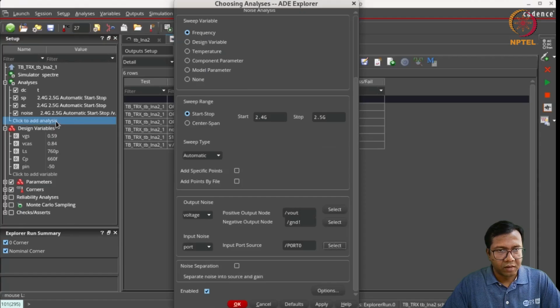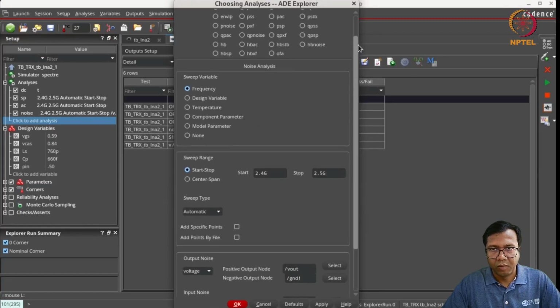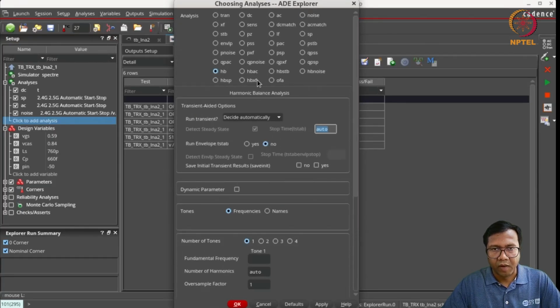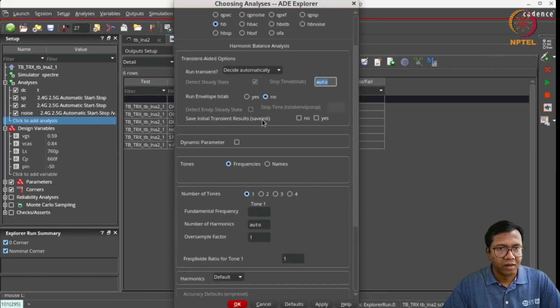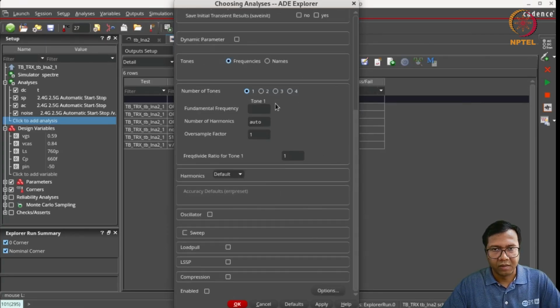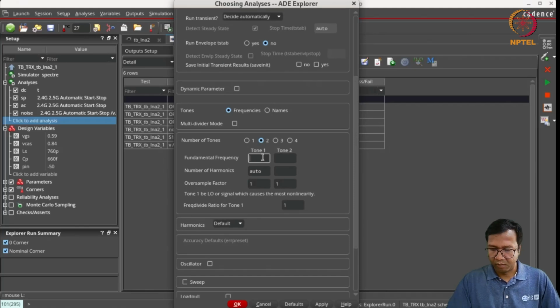So for the IIP3 simulation, we need to perform this harmonic balance analysis, which will take care of the large signal effect and find the IIP3 compression. In this test, we will define two frequency tones, at 2.45 and 2.451 gigahertz.